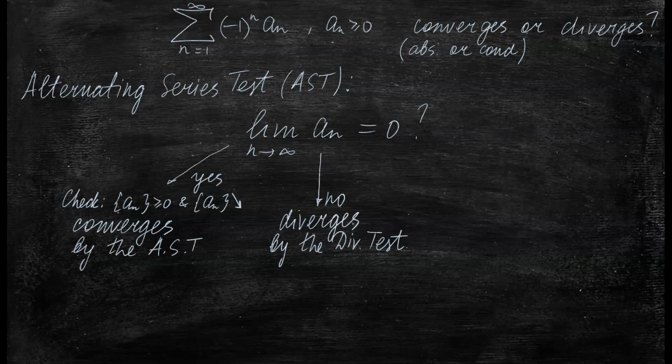In this case, if you determine that the series converges, we now need to determine whether it converges absolutely or conditionally. To answer that, we ask whether the series made of just the terms without the alternating factor converges or diverges.